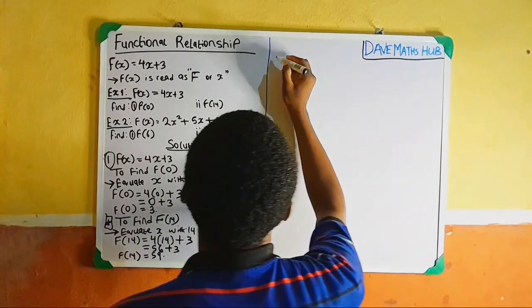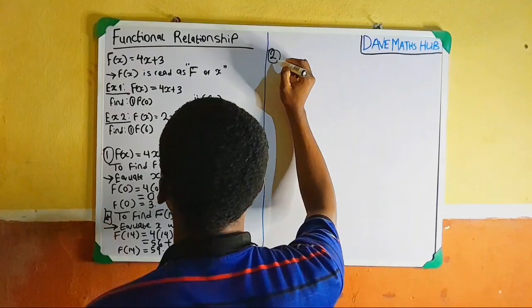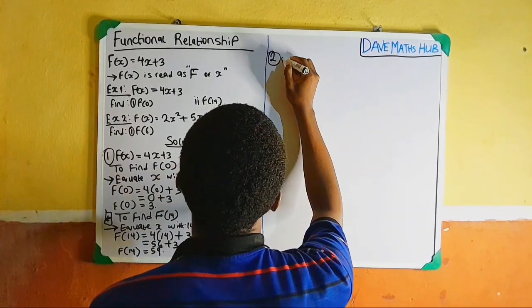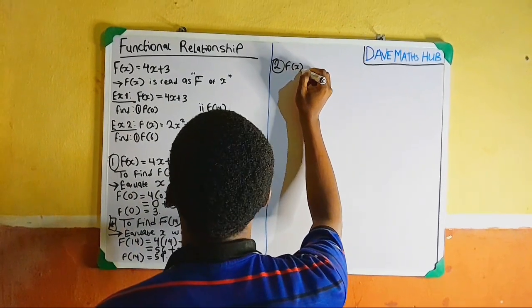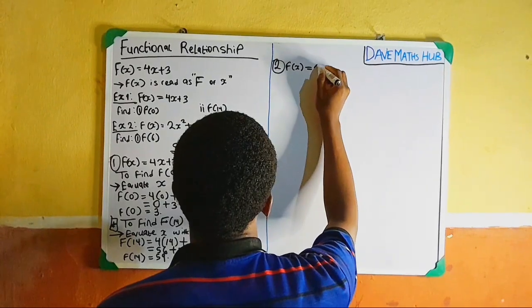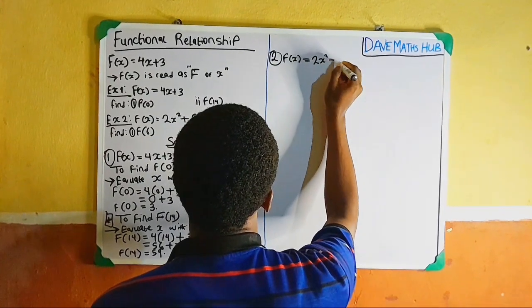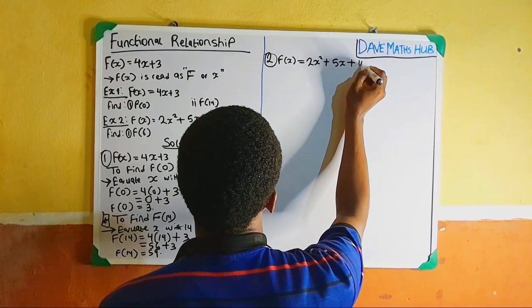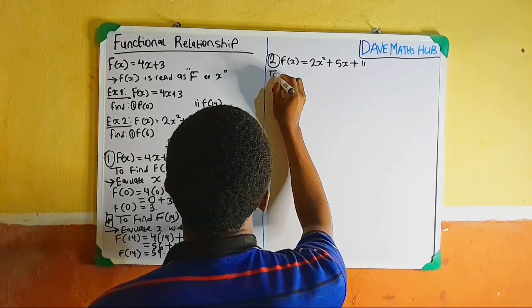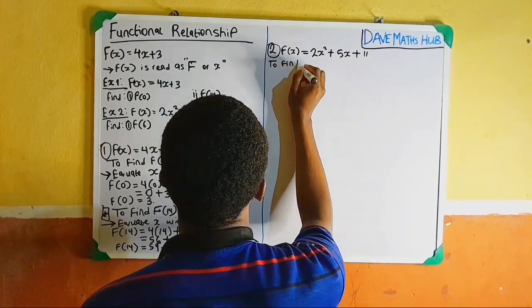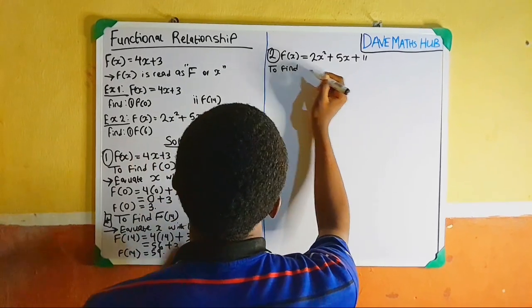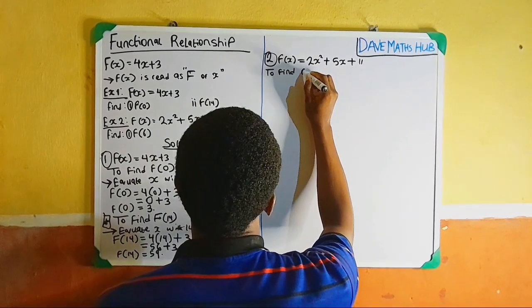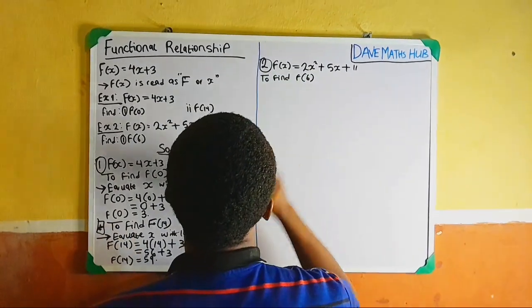Now, number 2, we have f of x equals 2x squared plus 5x plus 11. To find f of 6, same thing.